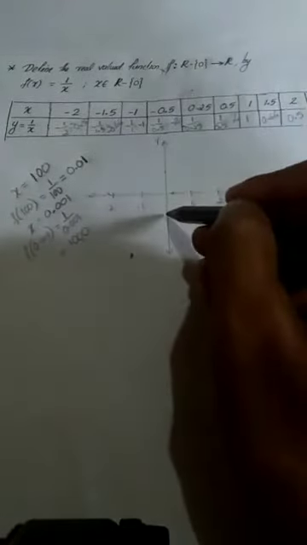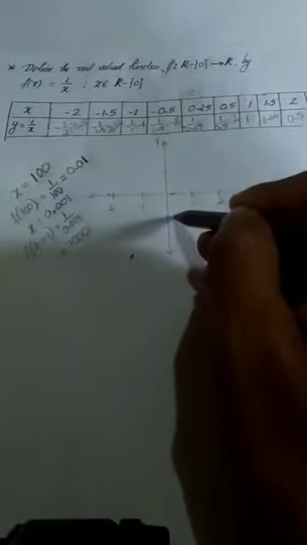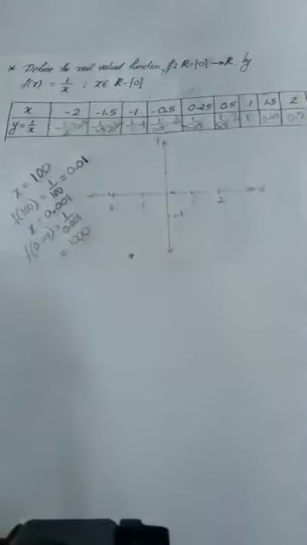So image of -2 is -0.5. So I am just writing. Here is -1, this is -2, and this is 1, 2. So image of 1 is 1.